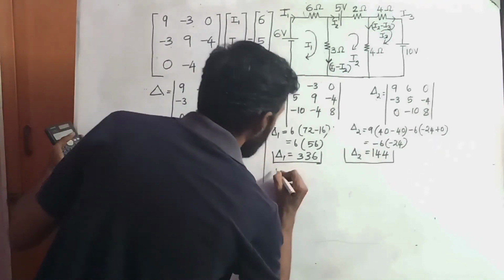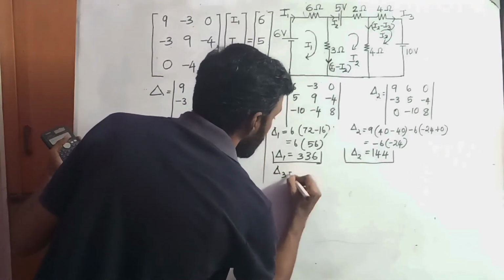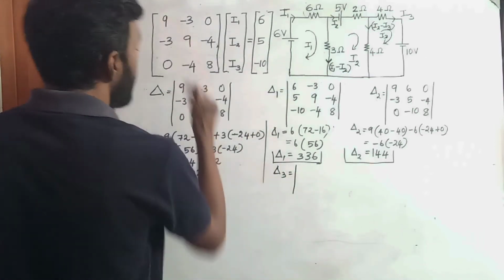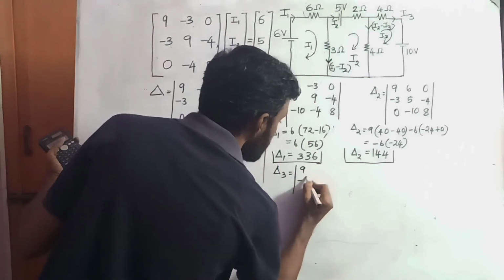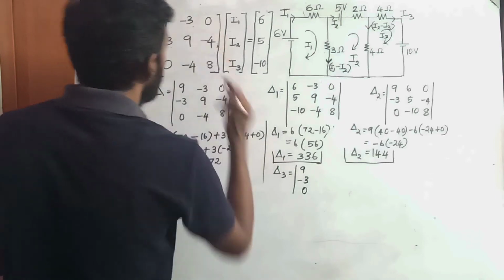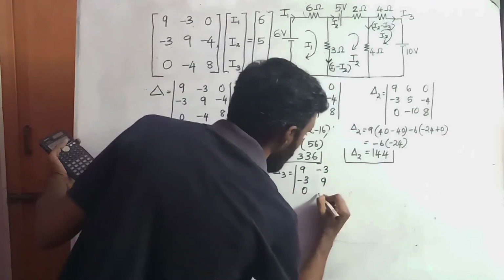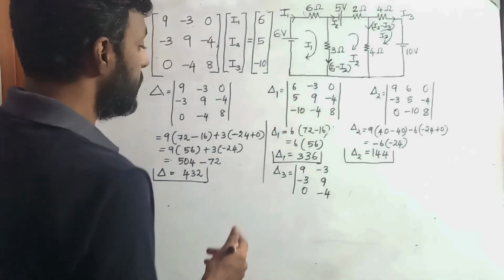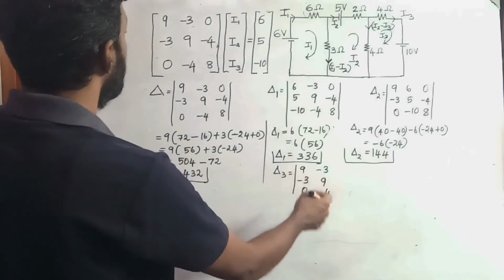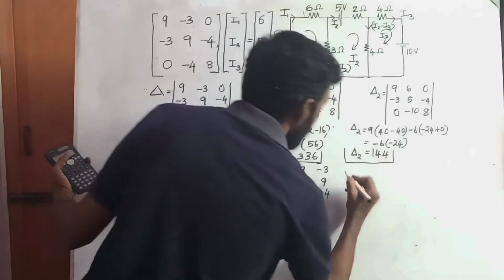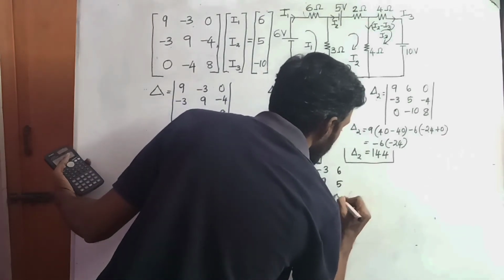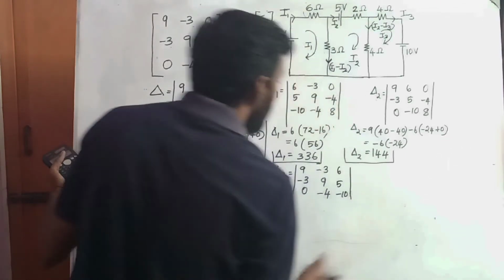Delta 3 is equal to the determinant of 9, minus 3, 0; minus 3, 9, minus 4; and 6, 5, minus 10 in the third column.